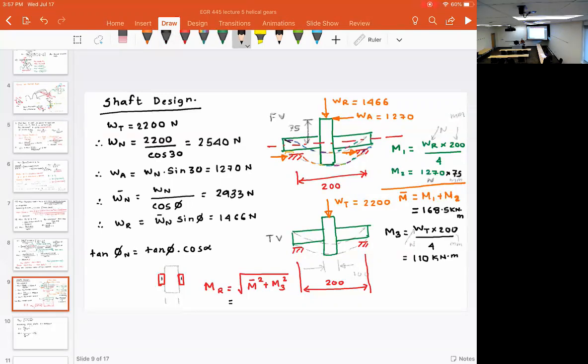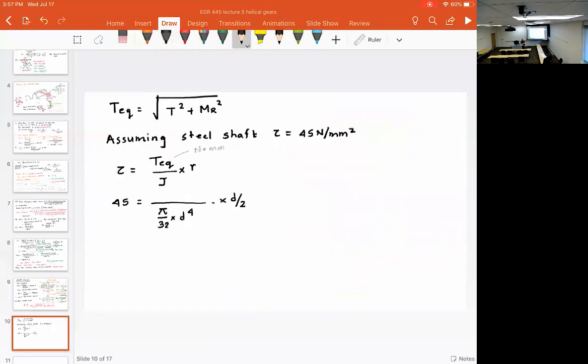Because it has to stay in. So once you do this, substitute the value, and as you know, the value of torque, we already know. Torque is Wt multiplied by the radius. Wt is 2200, radius is 75.